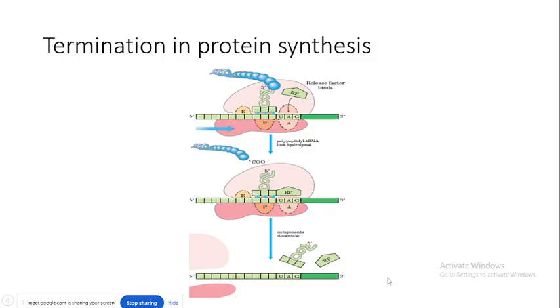So upon hydrolysis of this polypeptide-tRNA bond, the polypeptide chain will be released, and then the empty tRNA, release factor, and the 30S and 50S ribosomal subunits will dissociate from the mRNA. So that's how the termination of protein synthesis happens.